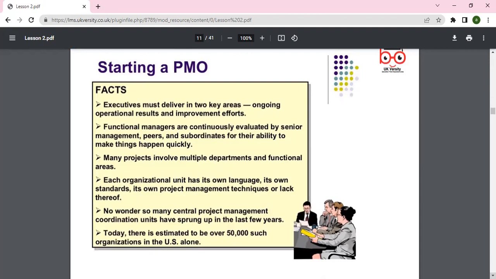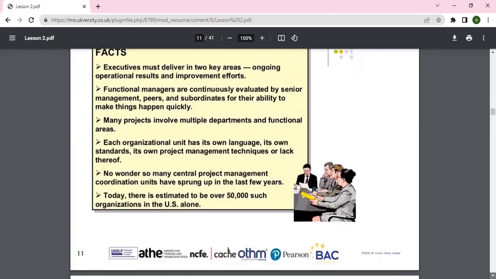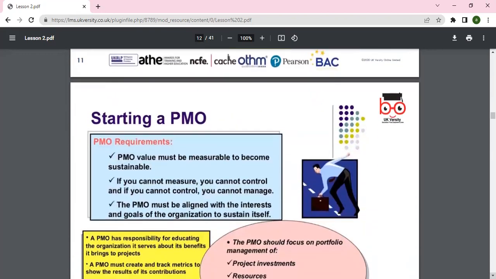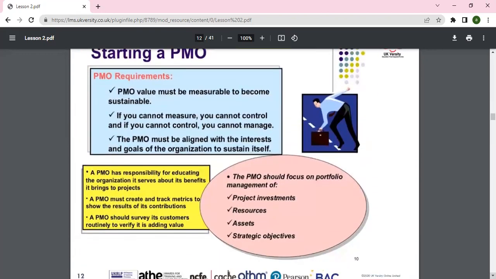They carry on looking at continuous improvement, CPD, carry on reflecting, carry on networking externally, and engage with the stakeholders. No wonder many central project management coordination units have sprung up in the last few years. Today there are an estimated over 50,000 such organizations, because PMOs have played a key role in the success of projects.